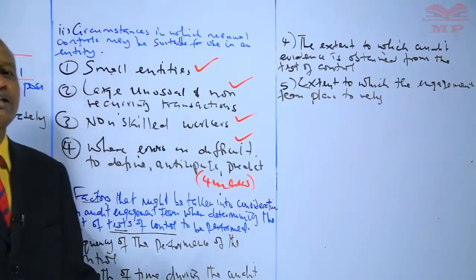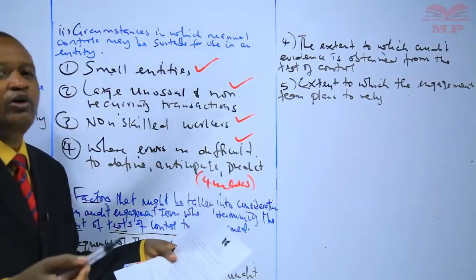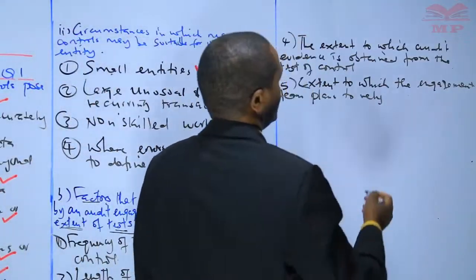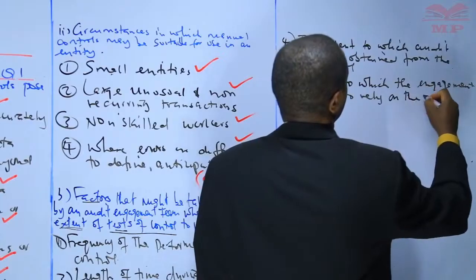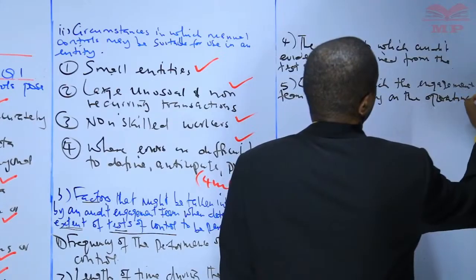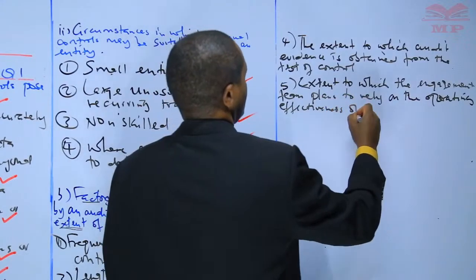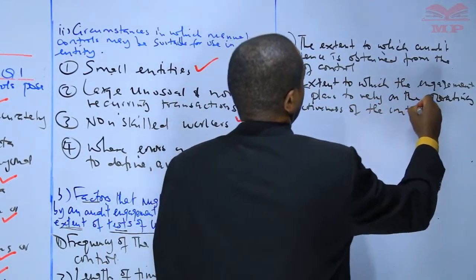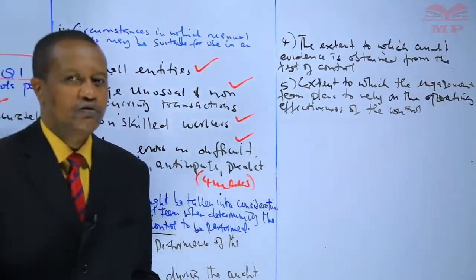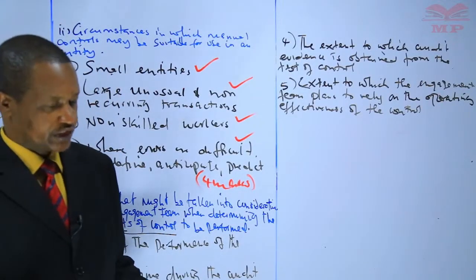So the answer here is the extent to which the engagement team plans to rely on the operating effectiveness of the control in the assessment of risk.